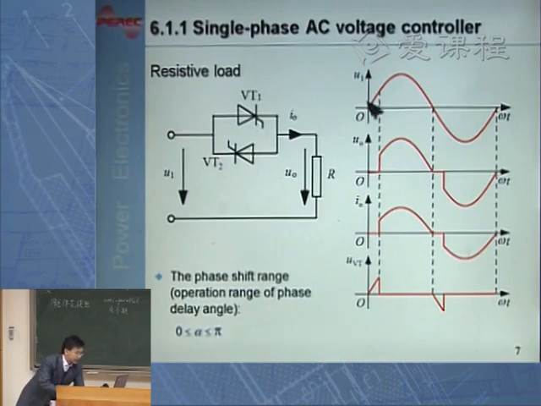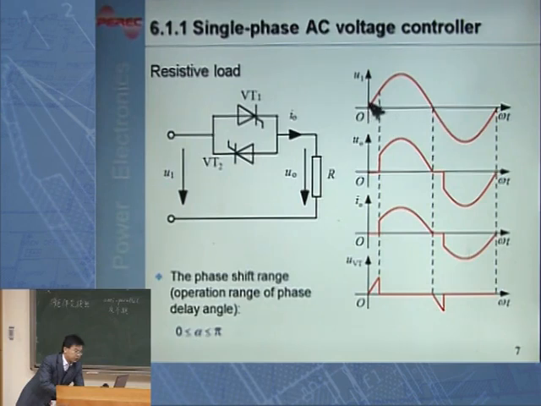That means VT1 will be starting to conduct from this point. VT2 will be conducting starting from this point. So the triggering delay angle alpha will always be counting from this point and this point.